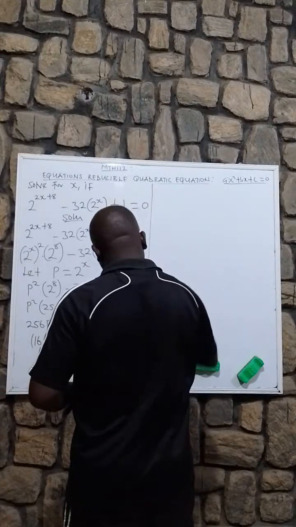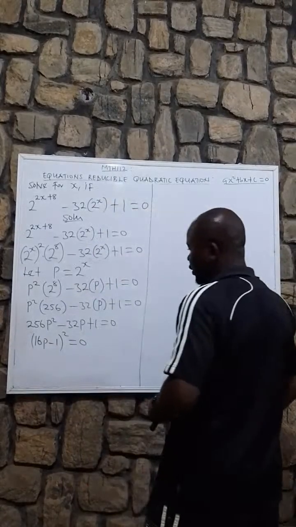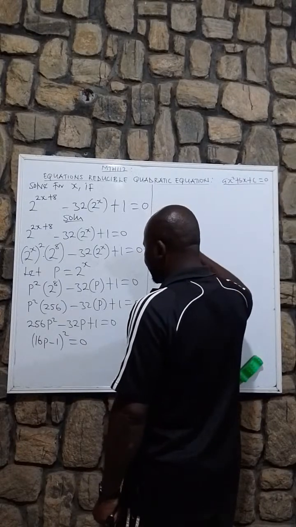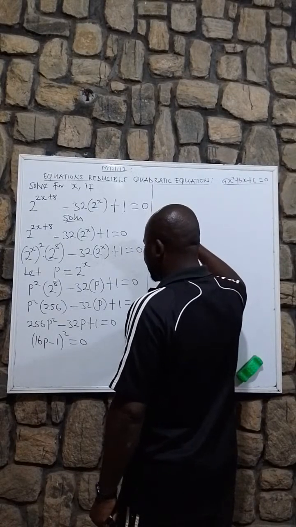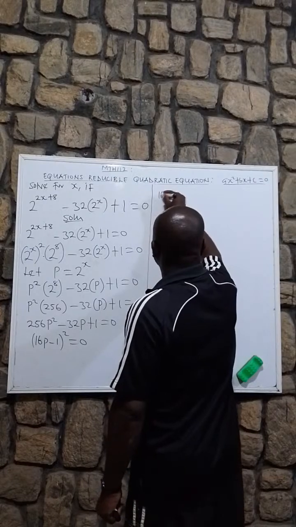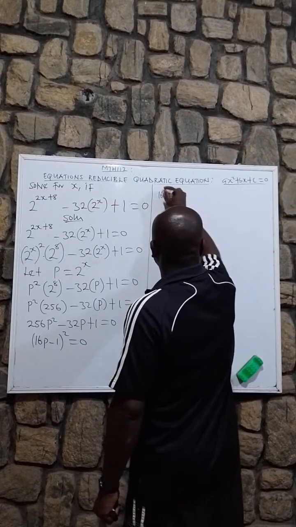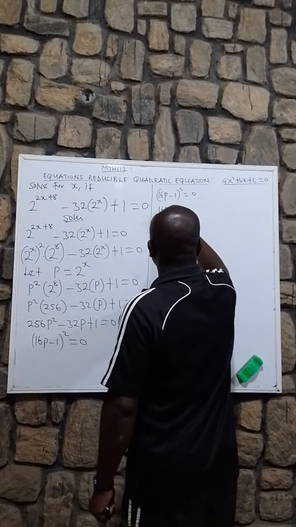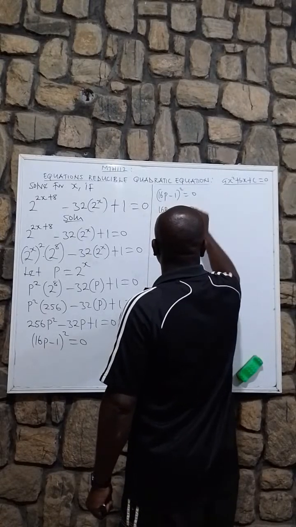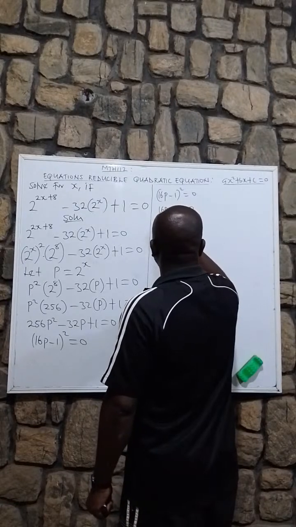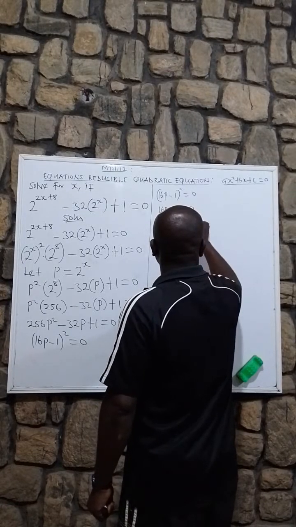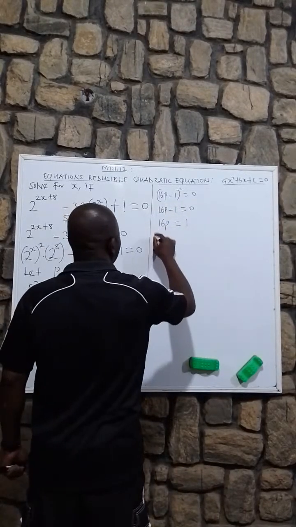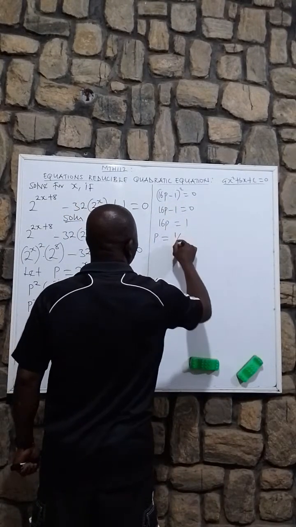Here we're going to have 16p minus 1 all in square. By the time you square both sides, we have 16p minus 1 equals 0. Then 16p equals plus 1. Then divide through by 16. Our p will now become 1 all over what?